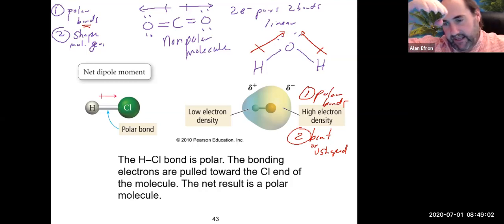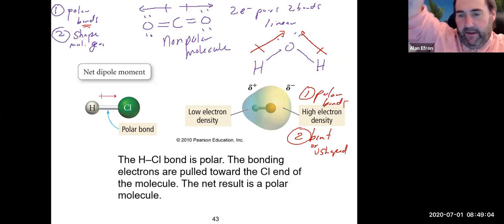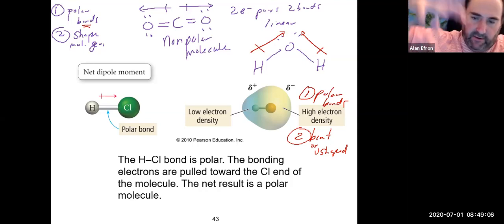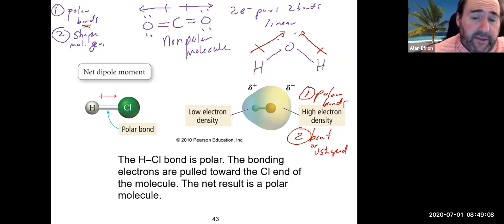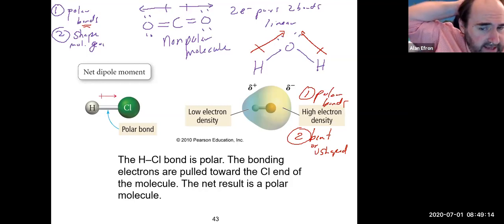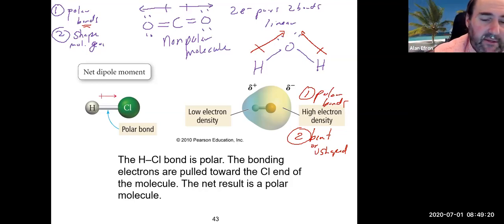You could imagine pulling a rope at the top, and the whole molecule would move with it. And this actually would be a polar molecule, because those bond dipoles are not going to cancel each other out.